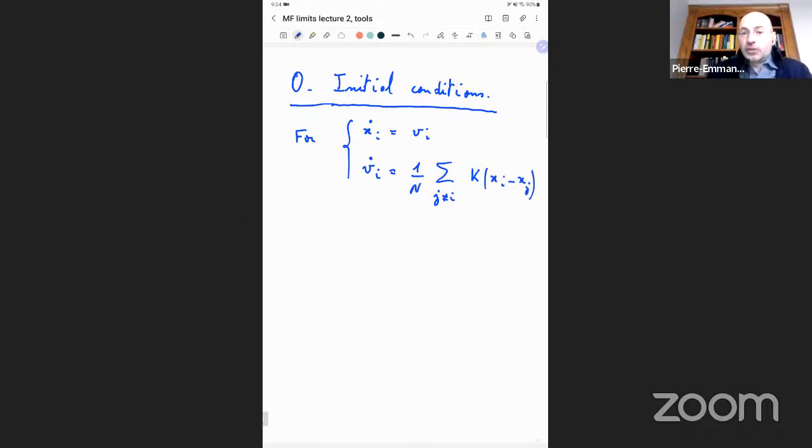So we need initial conditions if we are going to solve this. So we need the initial position and the initial velocity for all i from 1 to n.